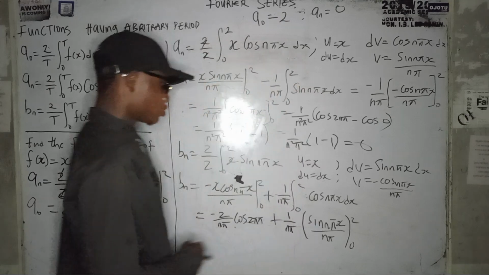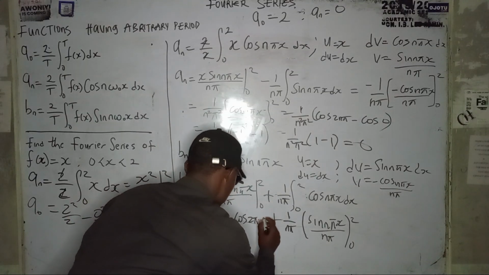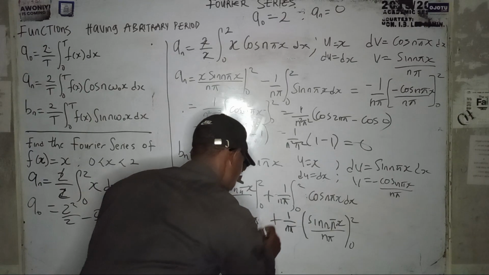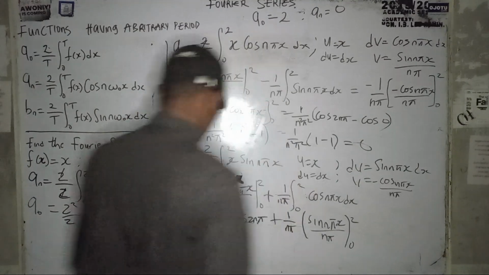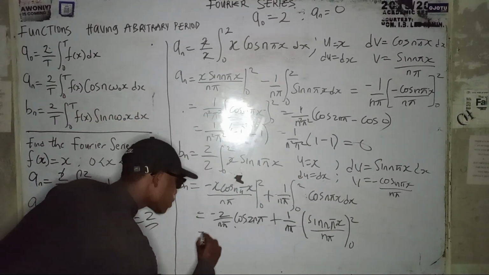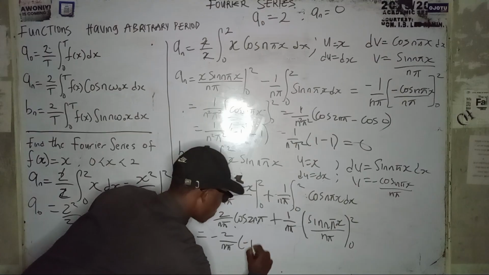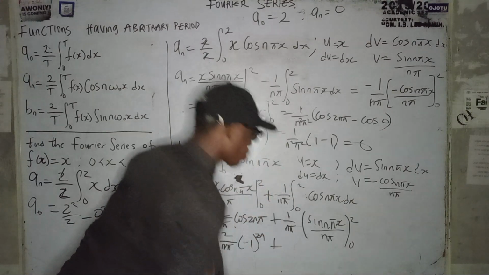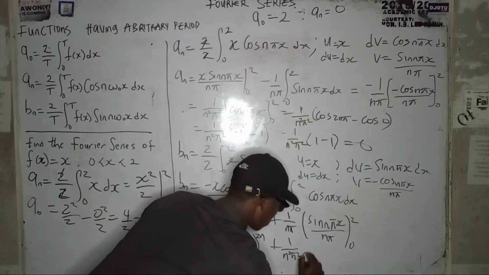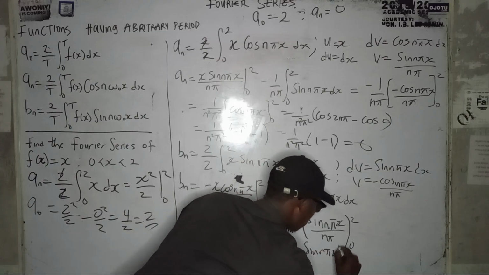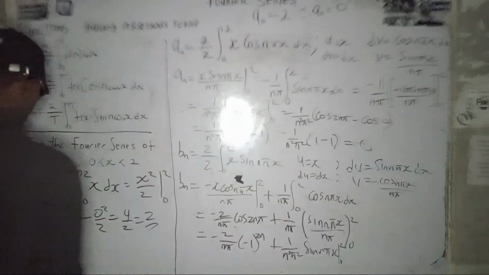So let's analyze this. This is going to give us minus 2 over n pi, and this is minus 1 raised to power 2n, plus this n pi comes out, 1 over n squared pi squared sine n pi x from 0 to 2, which everything here is going to give us 0.